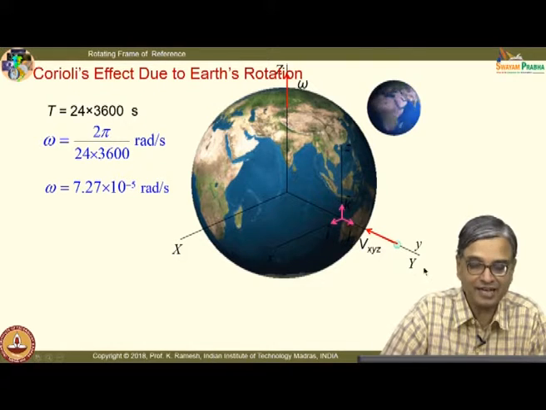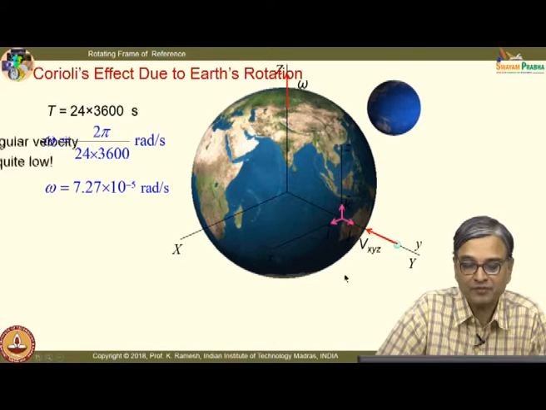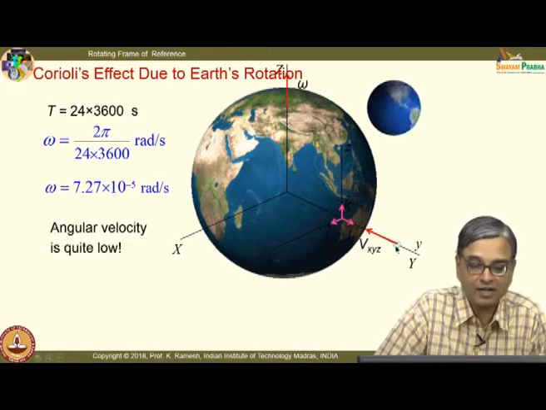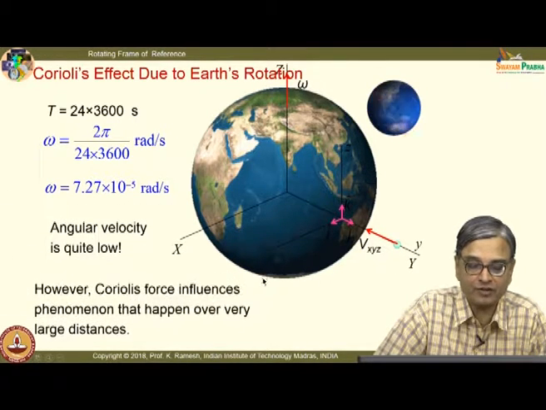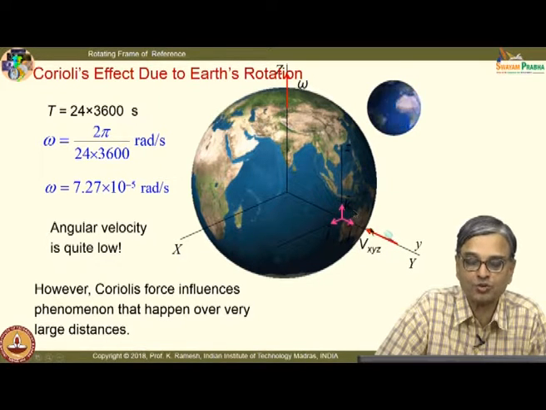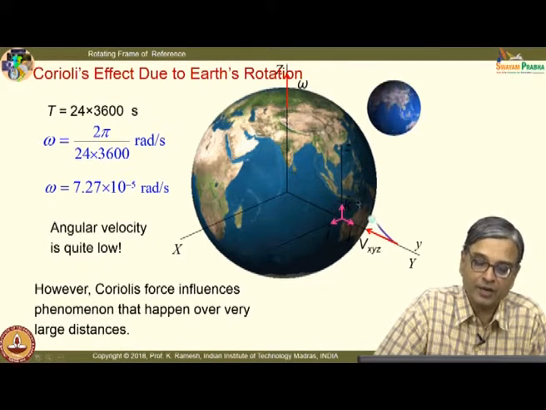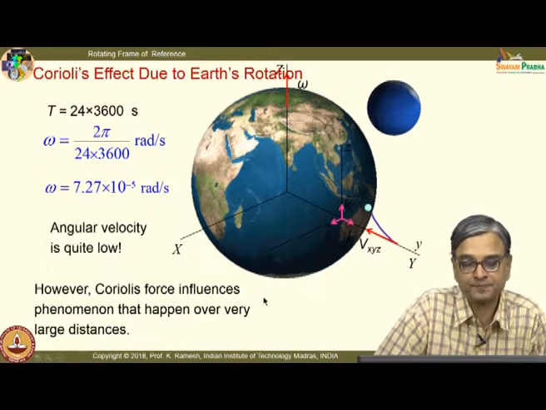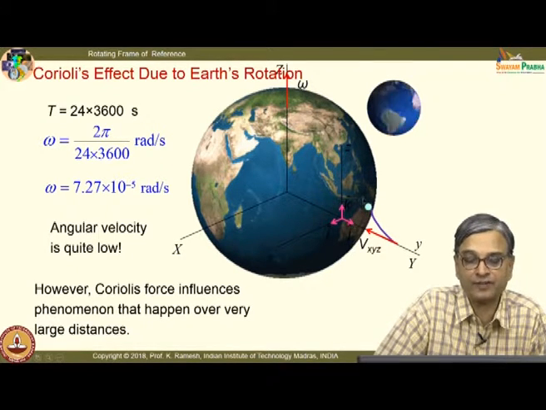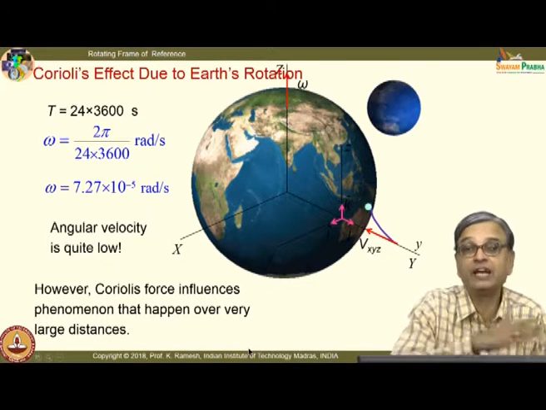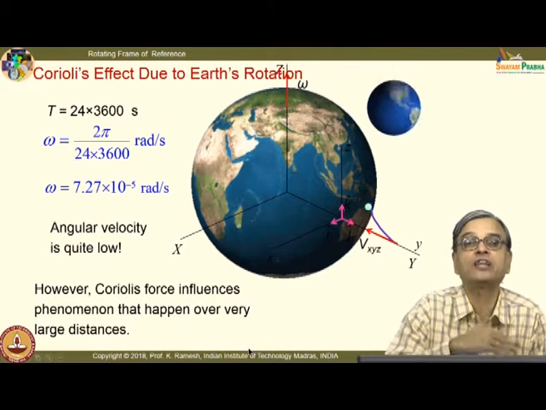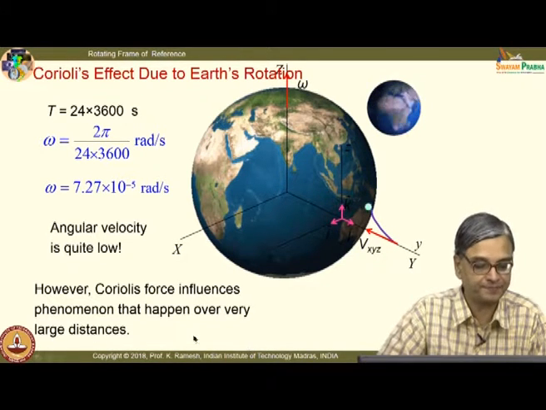Whenever an object is falling, if you do not take the Coriolis effect into account, it would deviate, and you should account for this deviation depending on what kind of analysis and gadgets you want to devise. So, it influences over very large distances, and you cannot ignore the Coriolis effect.